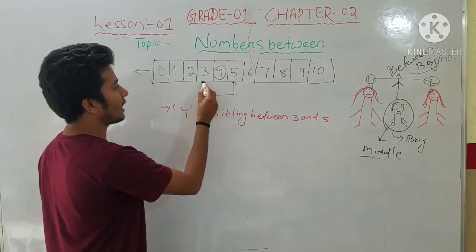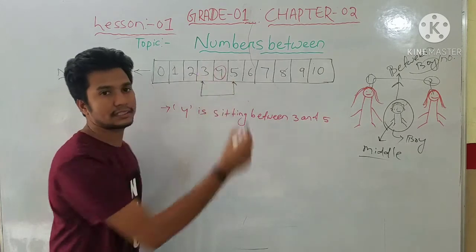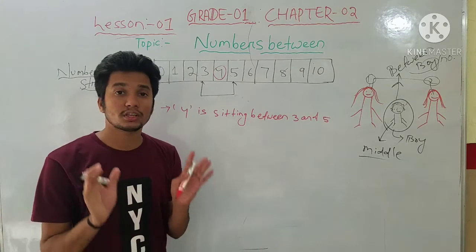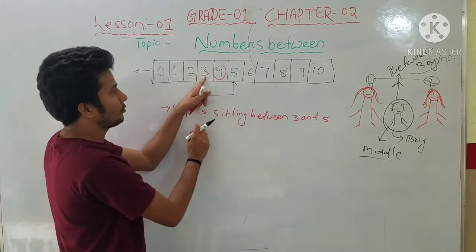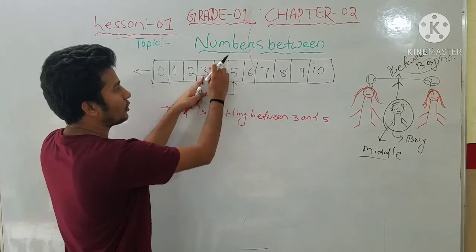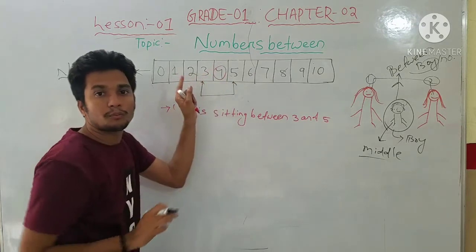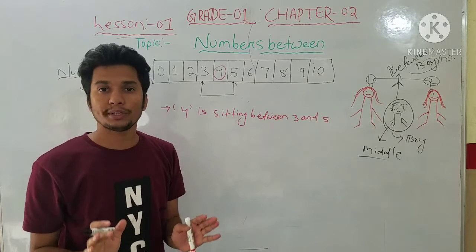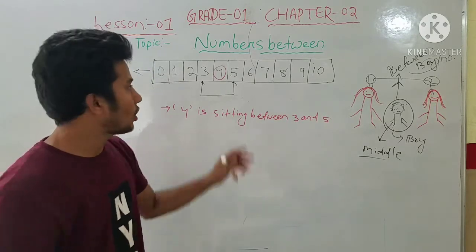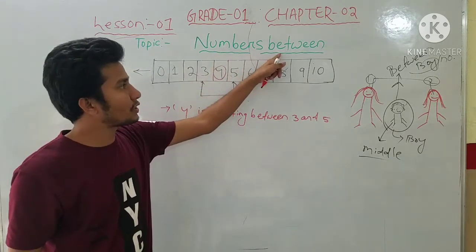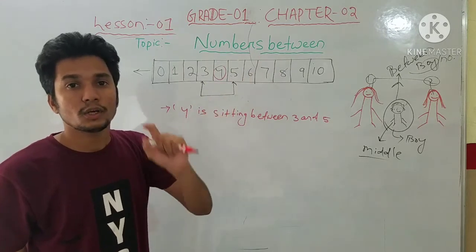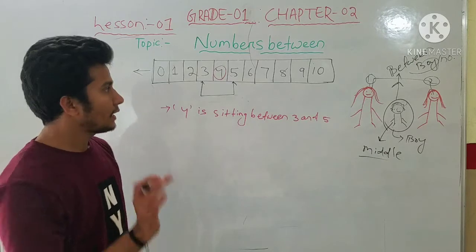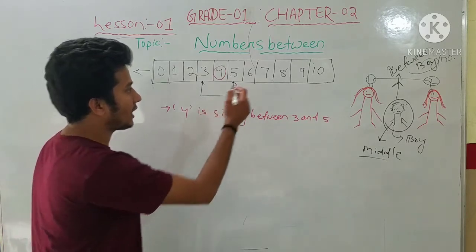Who is there? 4 is there. So 4 is called the middle number, or between numbers, or numbers between. Understood, students?